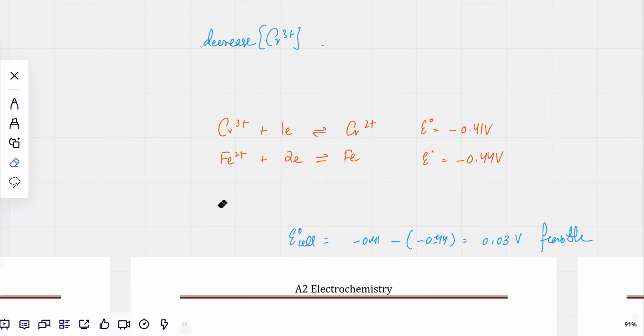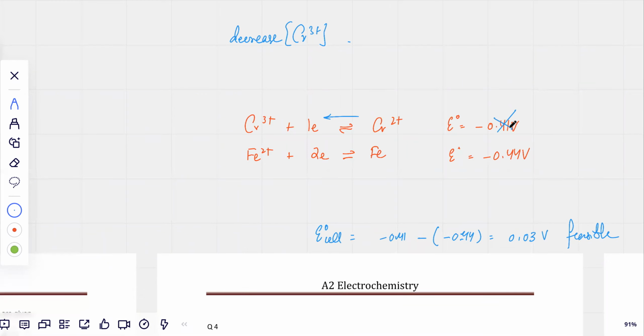All of a sudden I've decreased the quantity of Cr3 plus in the solution. Where would this equilibrium shift? Back. So it's going to shift backwards, right? It's going to try and make more Cr3 plus. So it's going to become more negative, right? So instead of minus 0.41, let's say it becomes minus 0.50 volts, right? Is this clear?